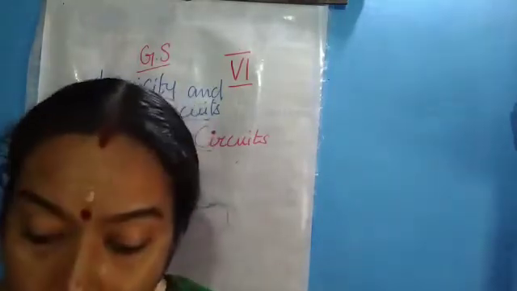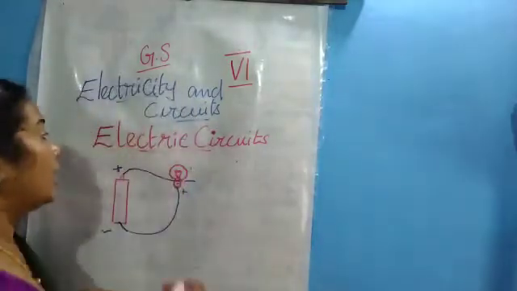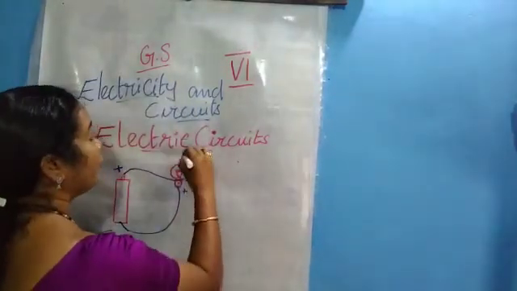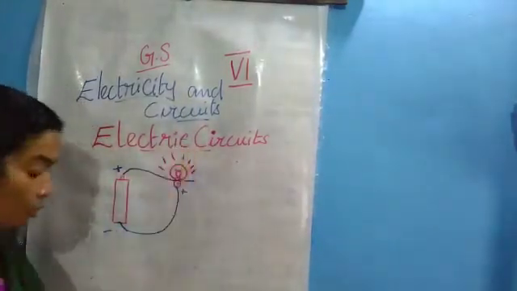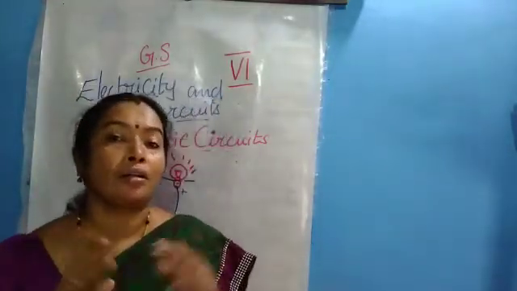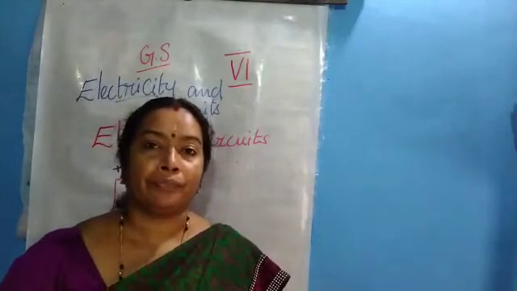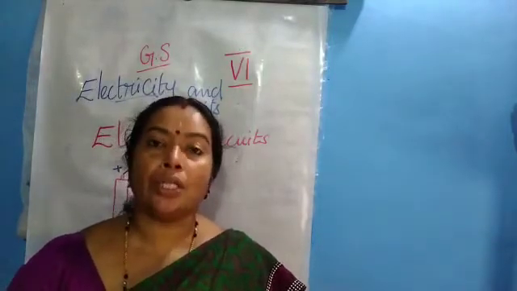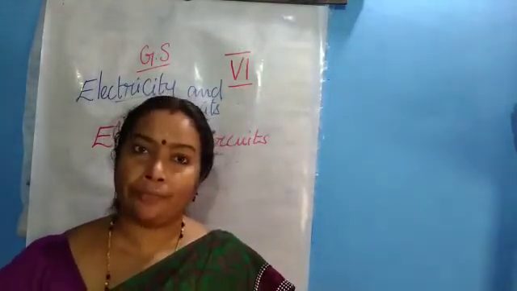Out of the 6 figures, in 4 figures the bulb is not glowing. It shows that the connections in those figures are not proper. They contain loose connections, so the bulb is not glowing.